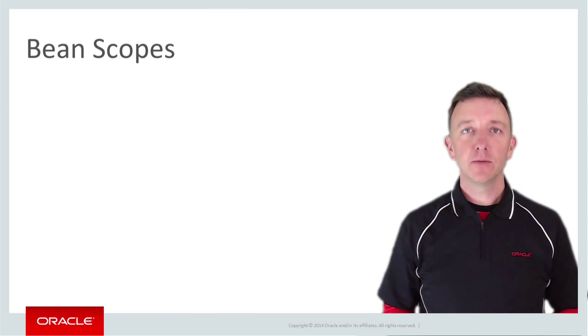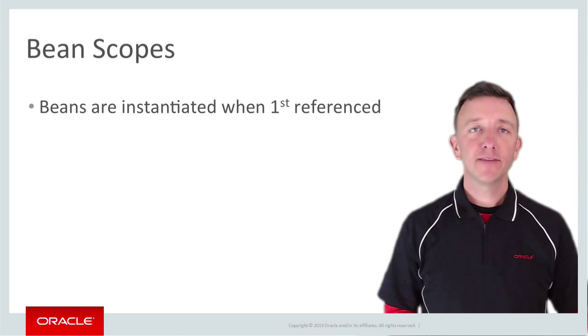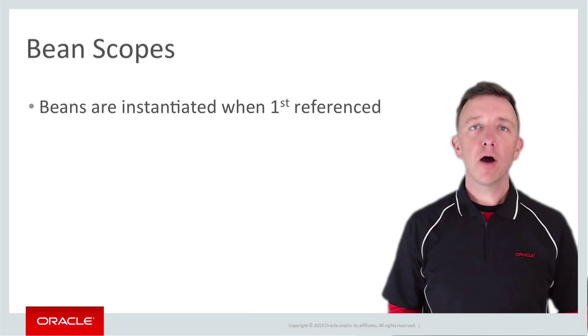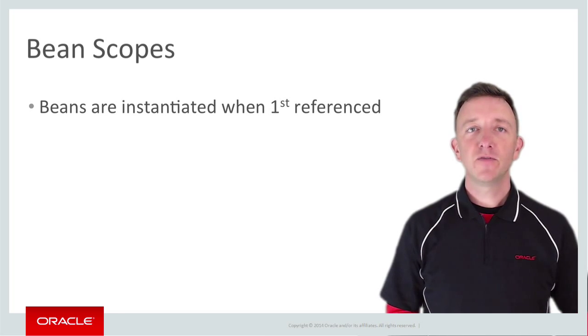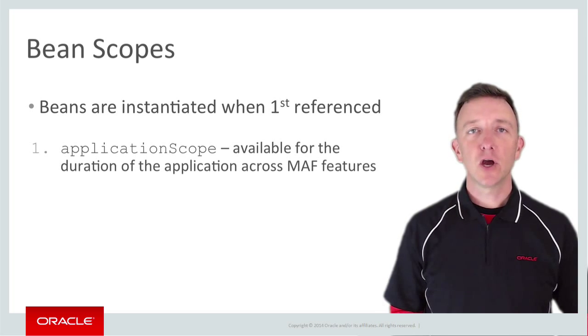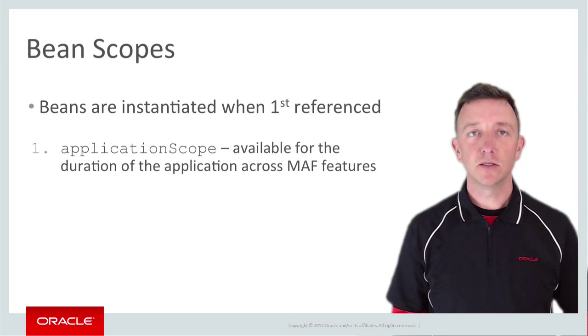Essentially, a bean comes into being when an EL expression first accesses it. Thereafter, the lifespan of a bean is defined by one of the three scopes you chose when you configured the bean: application scope, page flow scope, or view scope. Now, the names are fairly obvious. Application scope beans are available for the duration of the application across MAF features.